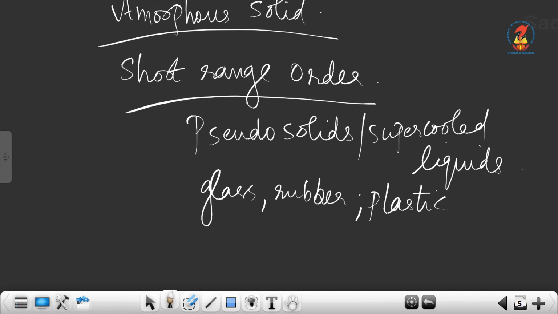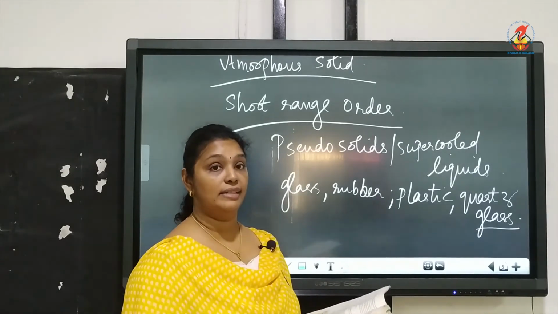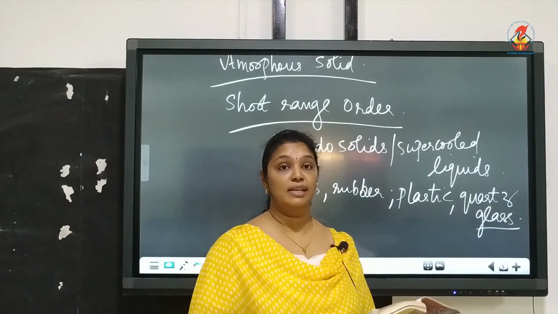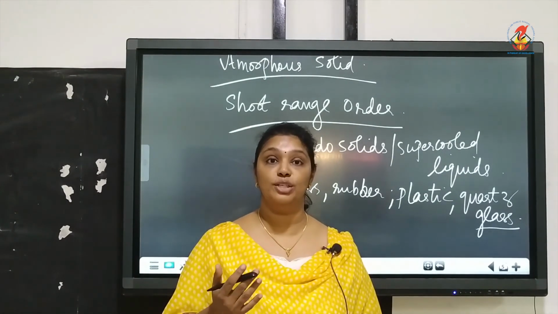Then we have quartz glass. Quartz is crystalline, whereas quartz glass is amorphous. So, these are examples for amorphous solid, and they are called pseudo-solids or supercooled liquids. Means, like liquids, these amorphous solids also have a tendency to flow.